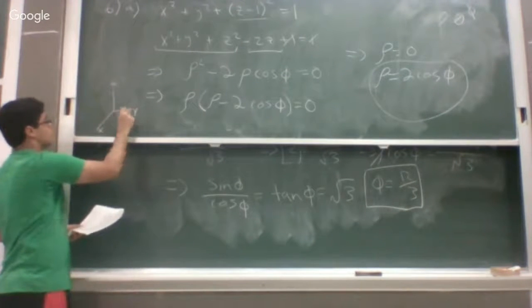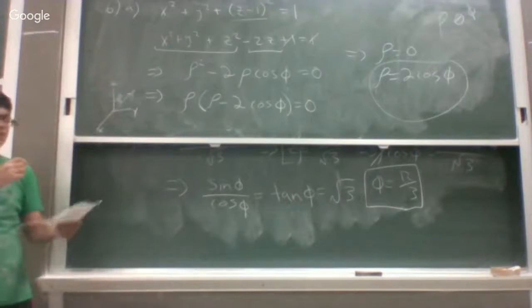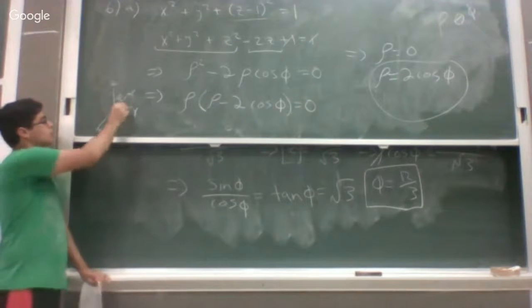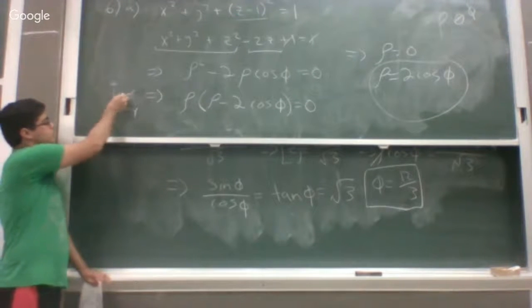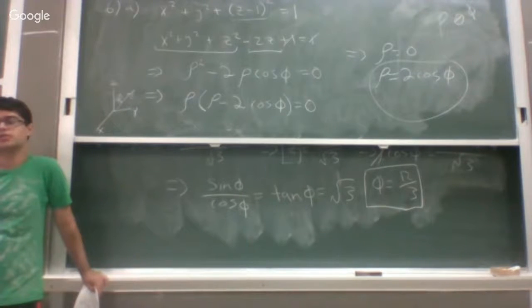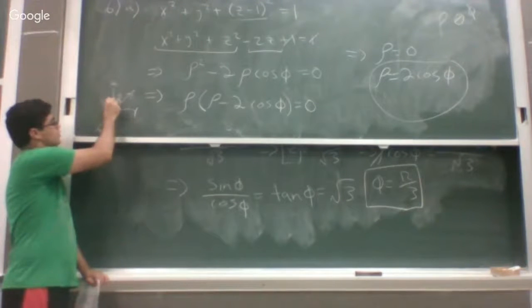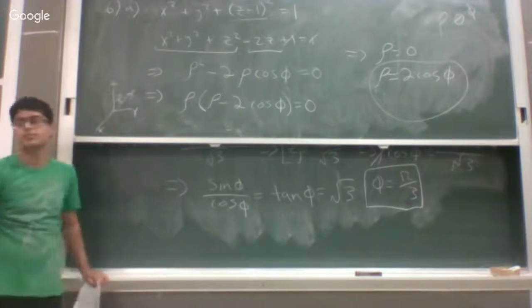It's from the z-axis, so that's phi. Okay? So we can pretend that phi will always be positive if this is going in a loop around the origin. So essentially, we don't need to worry about it.